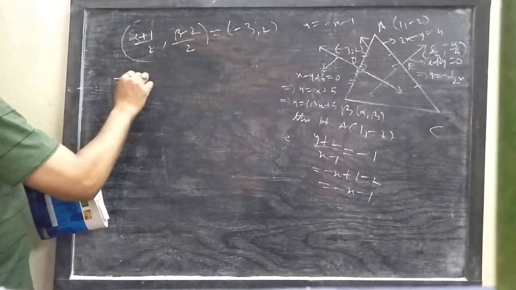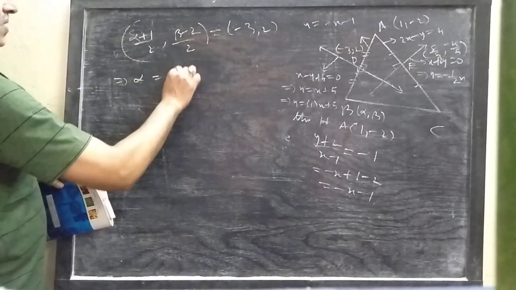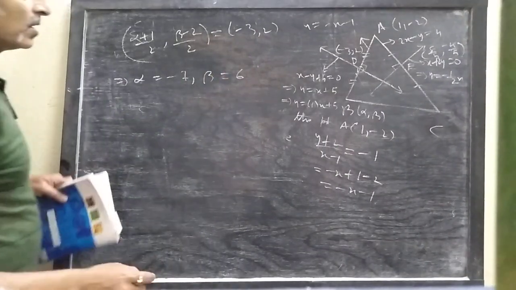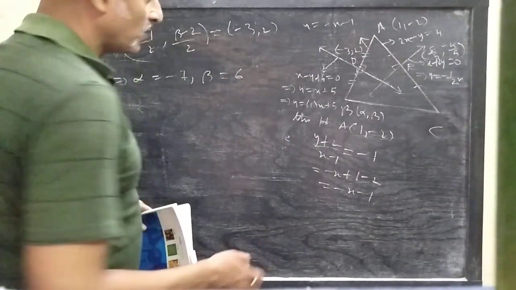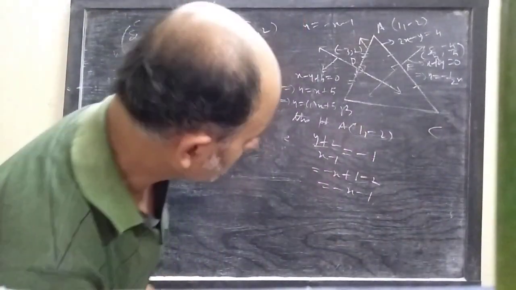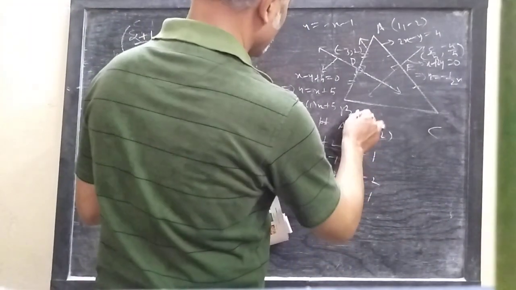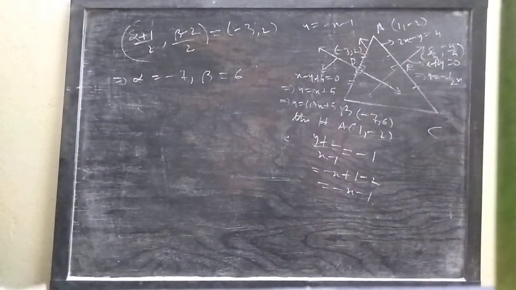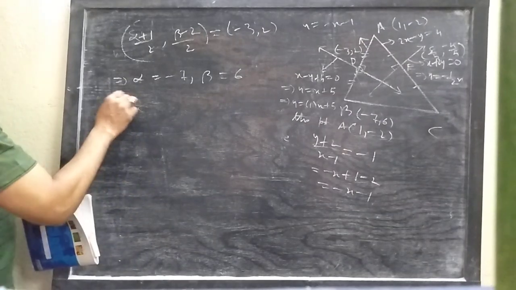So you get alpha equals minus 6 minus 1, that is minus 7, and beta equals 4 plus 2, that is 6. So ultimately you get the coordinates of B as (minus 7, 6).